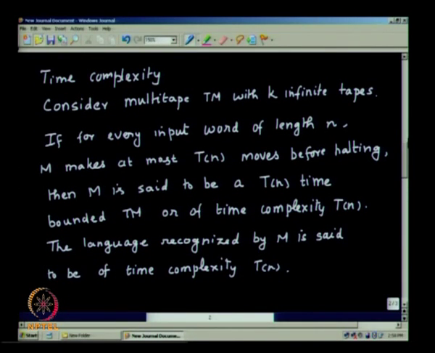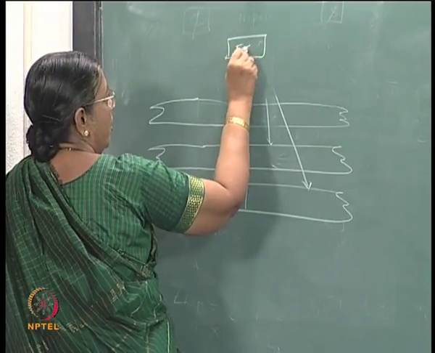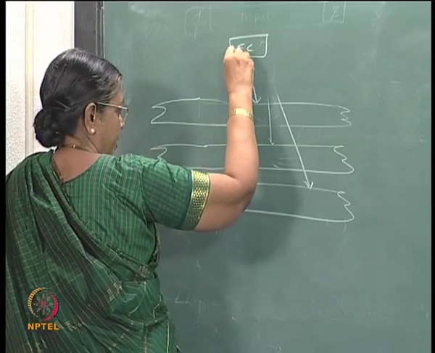What do you mean by time complexity? In time complexity, you need not have a separate thing. You can have a multi-tape Turing machine with a finite control and tape heads.